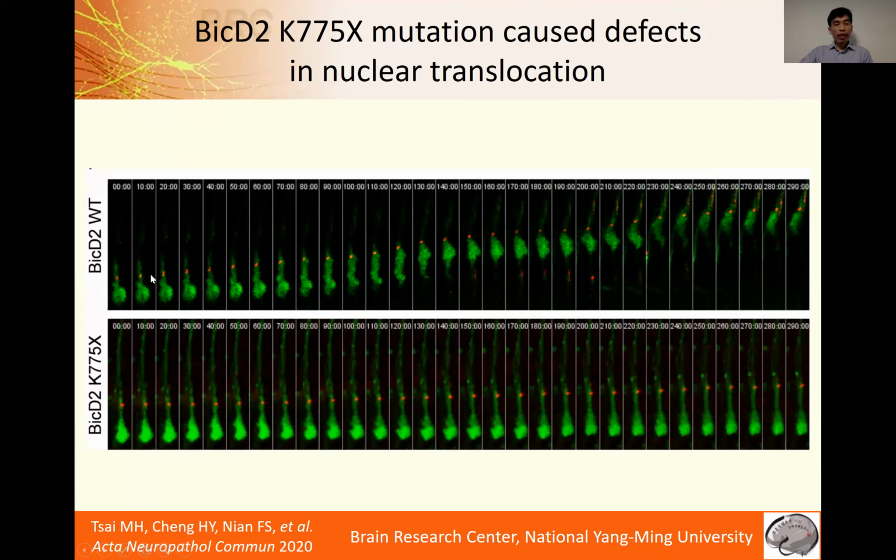And we found that when we express the truncated form of BicD2, the centrosome movement is really not affected. It actually moved to the leading process. However, the nucleus cannot move. So this is very different from what we saw in the LIS1 knockdown cells.